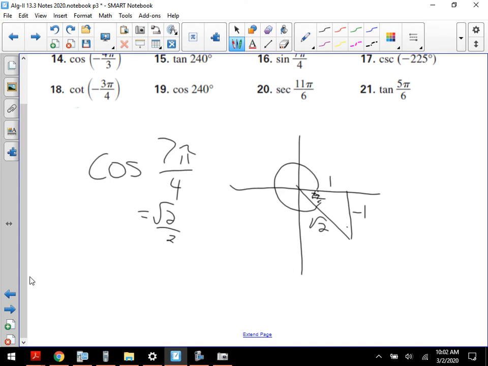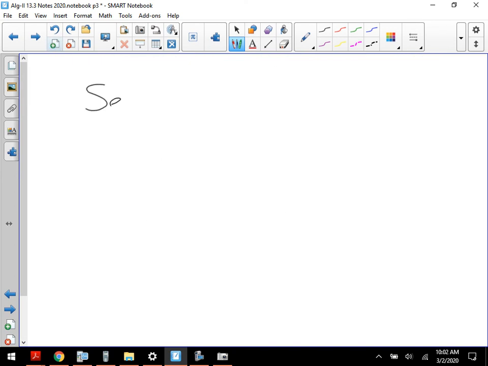Let's do secant 11 pi over 6. Oh, we just did one in that corner. Let's do 4 pi over 3. Secant 4 pi over 3. All right. Secant 4 pi over 3 puts me into what quadrant? It's positive, so we go around. Third quadrant.